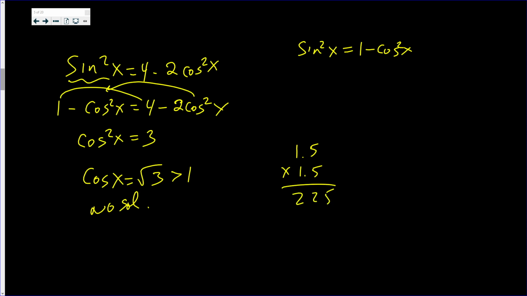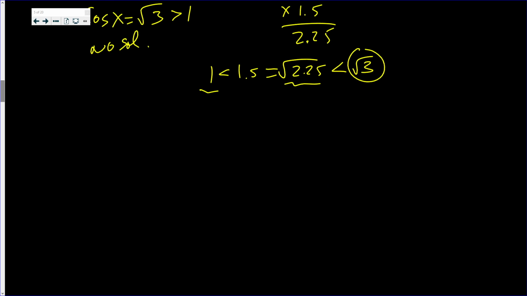So 1.5 times 1.5 is 2.25. That is, the square root of 2.25 is less than the square root of 3. And it is 1.5. So the square root of 3 is bigger than 1. You can't take the cosine of an angle and get more than 1.